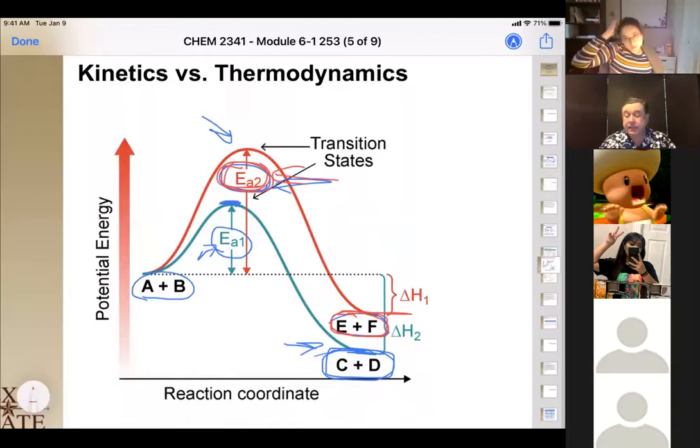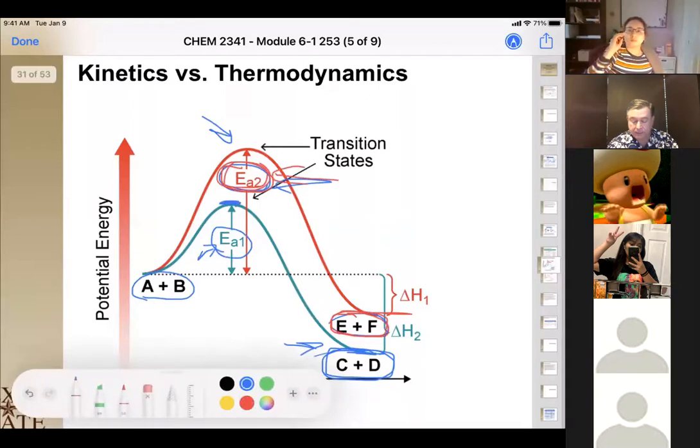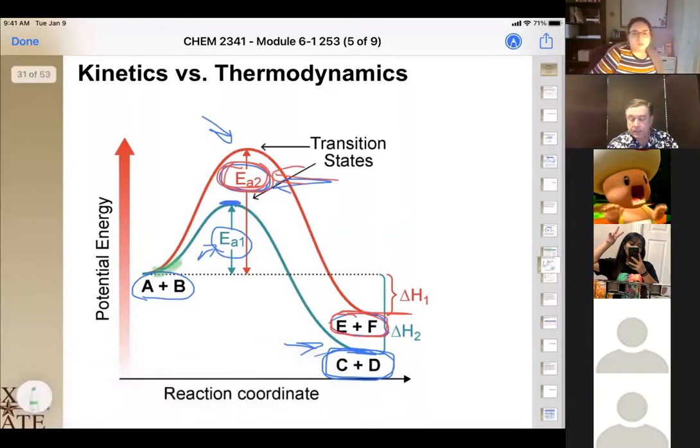So in this case, our green line here is kinetically favored because it has the lower activation energy, and thermodynamically favored because it made the more stable product.